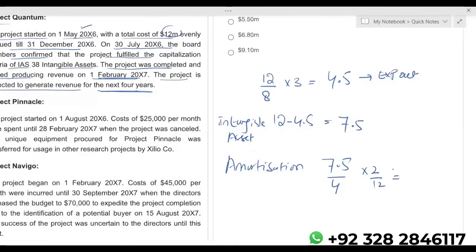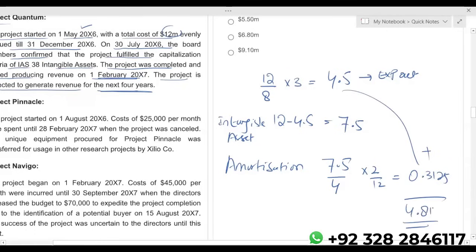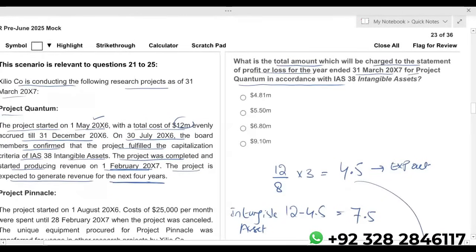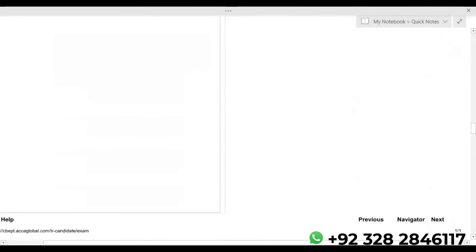So 7.5 divided by 4, multiplied by 2 upon 12. Students, I'm getting 0.3125. So 4.5 million plus this is the total we will charge to the income statement. 4.8125 will be charged to the income statement. Let's see. Obviously, the first one. Again, I would say an easy question so far.